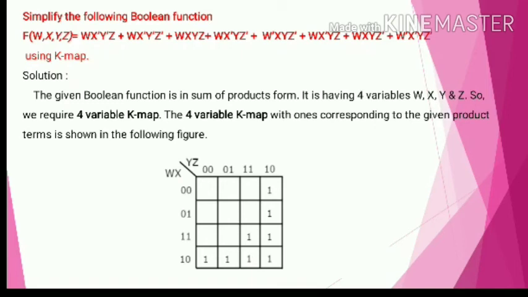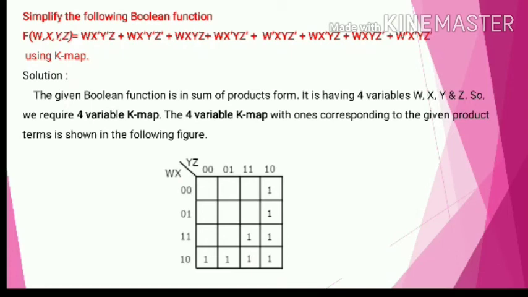The 4 variable K-map with ones corresponding to the given product terms is shown in the following figure. See, w x' y' z is marked as 1. w x' is the fourth row, R4, and y' z is the second column, C2.